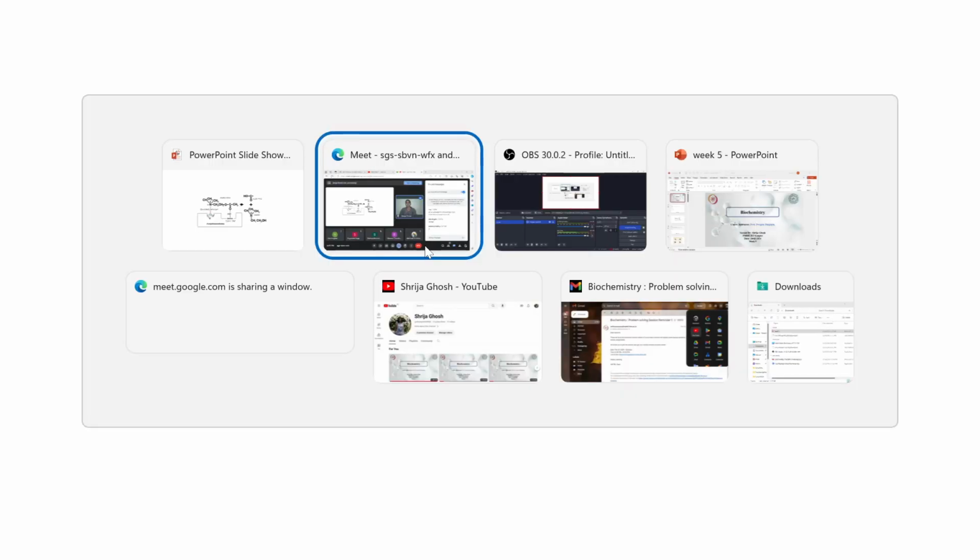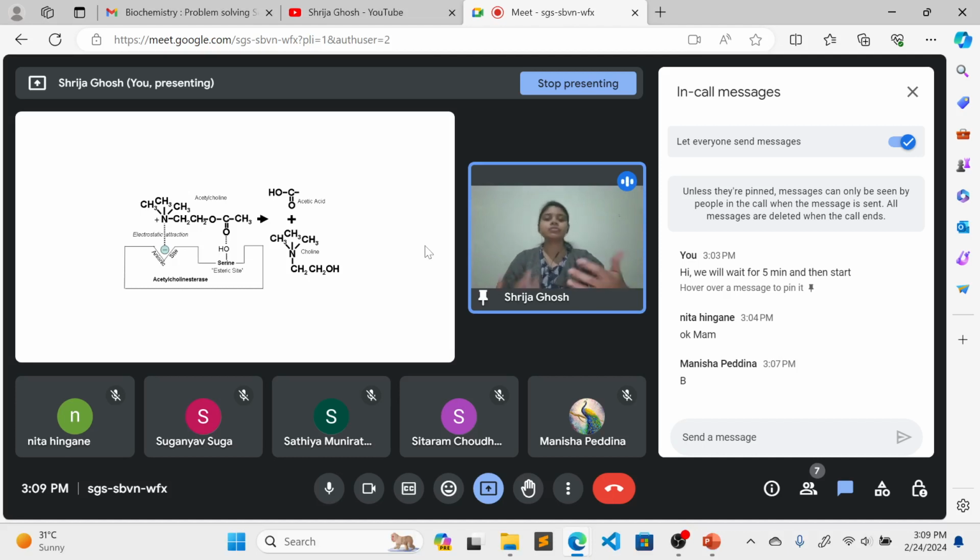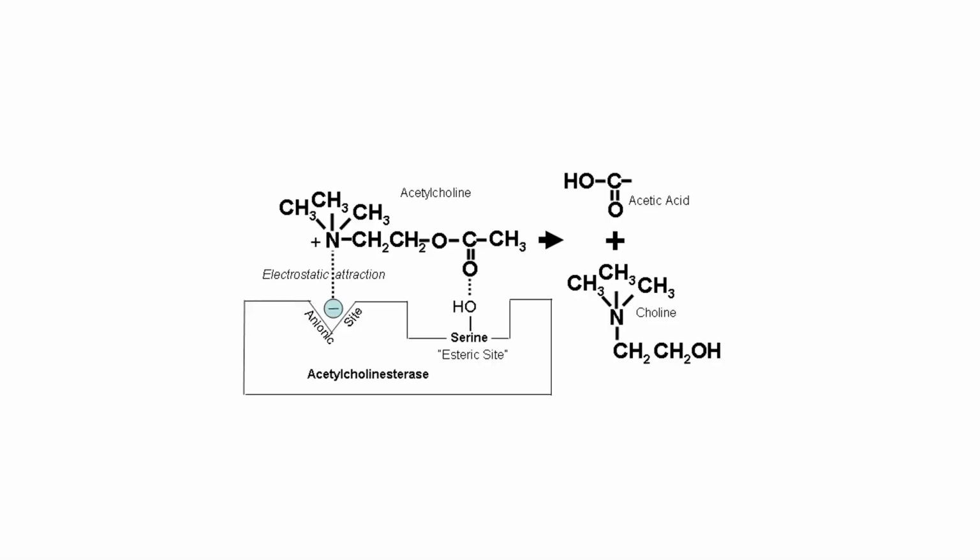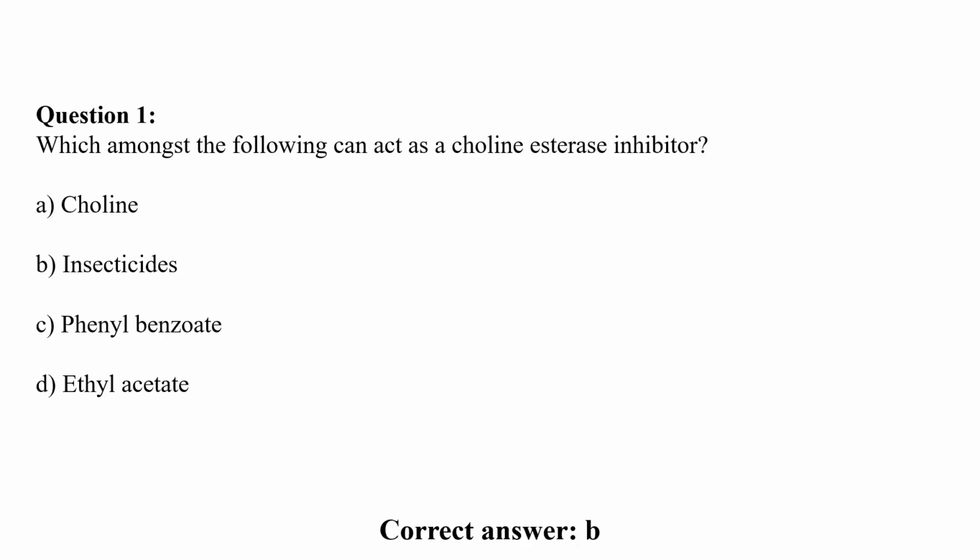If you have seen any news about usage of insecticides causing a lot of health disorders and mental disorders, those are because of such insecticides that block these important enzymes in our body and affect neurotransmission in our system. That's why the usage of these insecticides and pesticides is harmful. So insecticides are inhibitors of our cholinesterase enzymes.